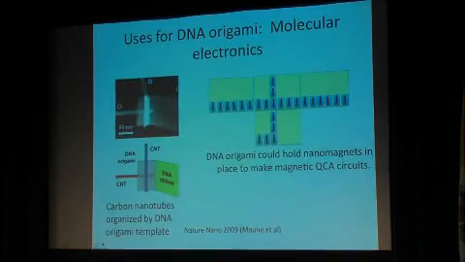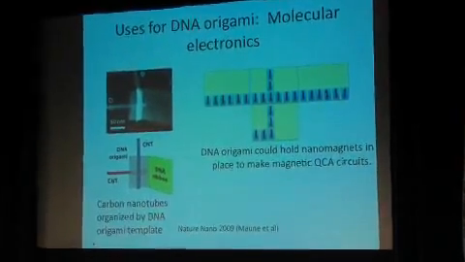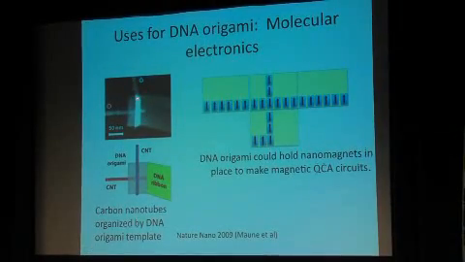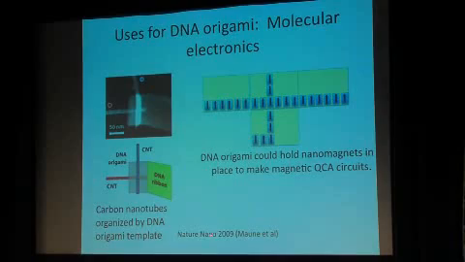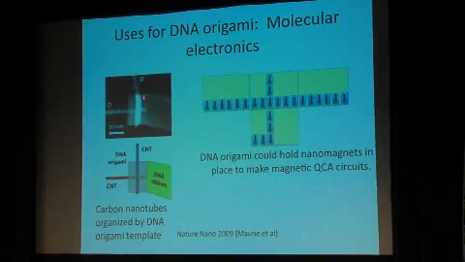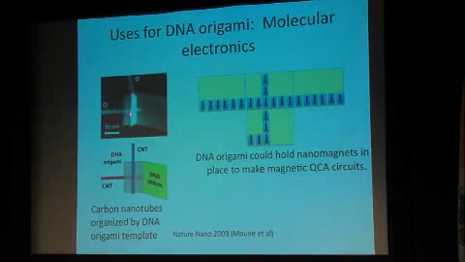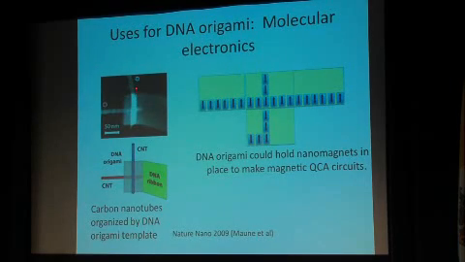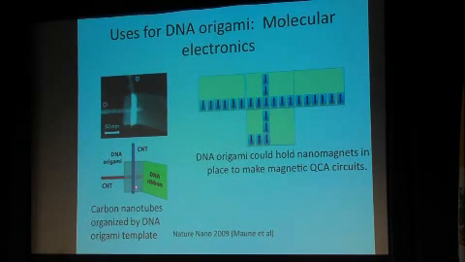Okay, so we're interested in this structure as a structural template for molecular electronics. I want to point out there's a recent Nature Nano paper where DNA origami were used to organize carbon nanotubes. In this case, there's a single-walled carbon nanotube, designated here by a blue dot, on the top face of a DNA origami.